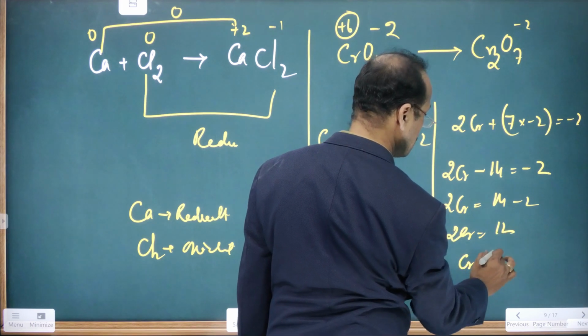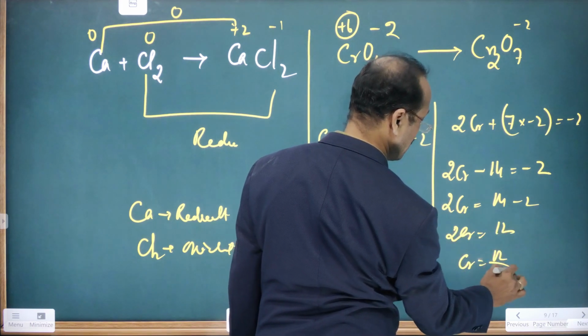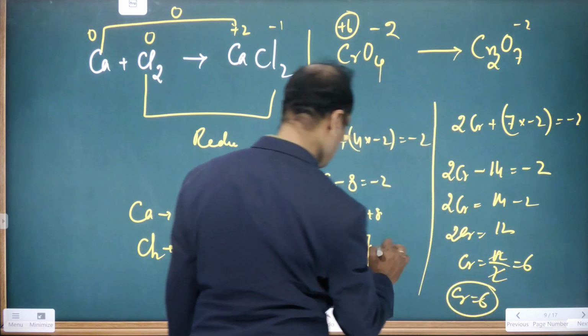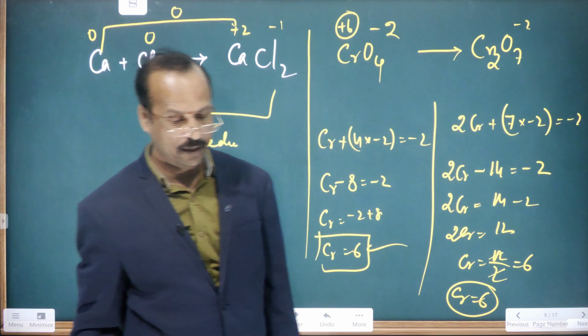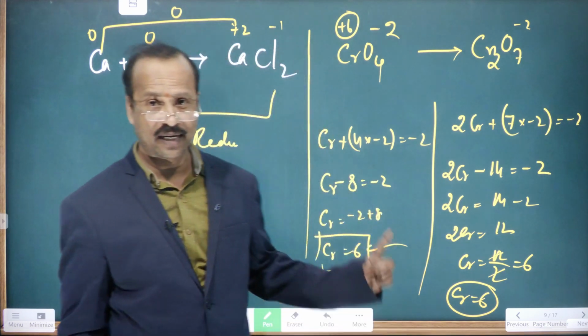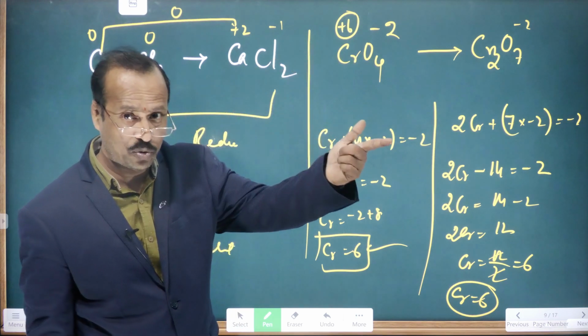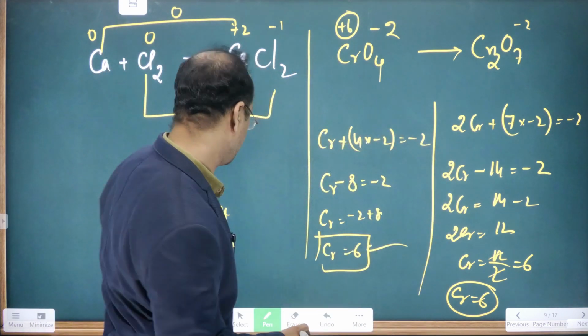So chromium is 12 by 2, which is 6. So we are getting chromium as 6 here, and 6 there also. So the ninth option is the right answer. Understood? How to find the oxidation number, we discussed in the last class, the last synopsis.